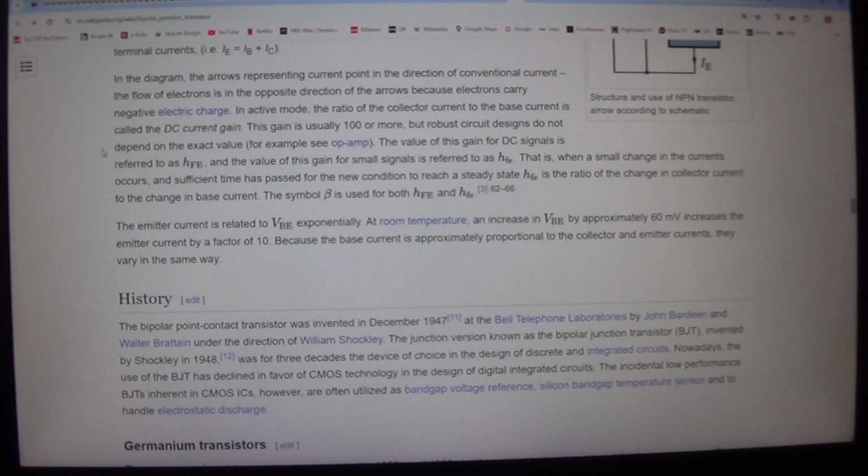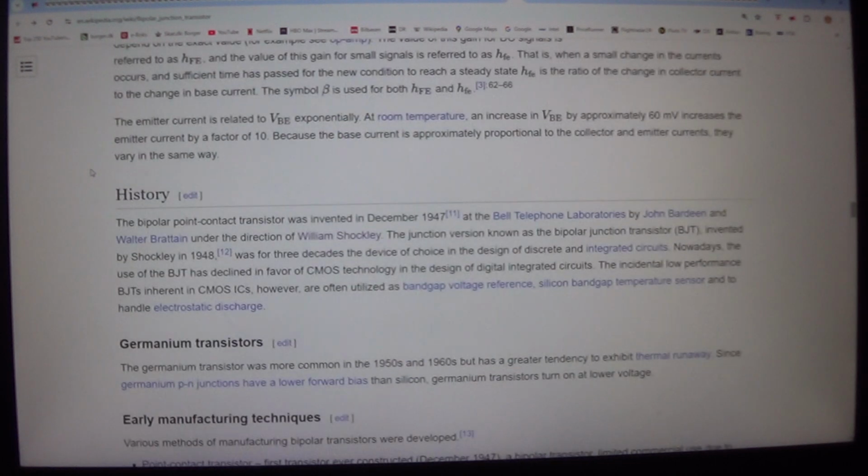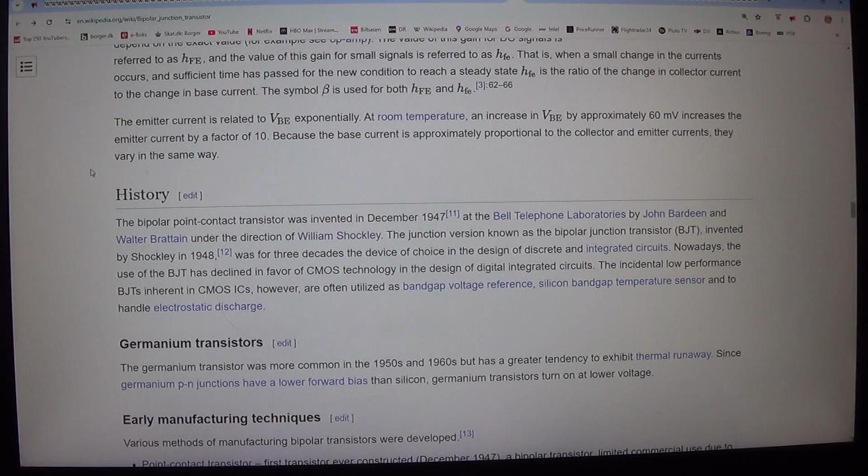That is, when a small change in the currents occurs, and sufficient time has passed for the new condition to reach a steady state, hfe is the ratio of the change in collector current to the change in base current. The symbol beta is used for both hFE and hfe.